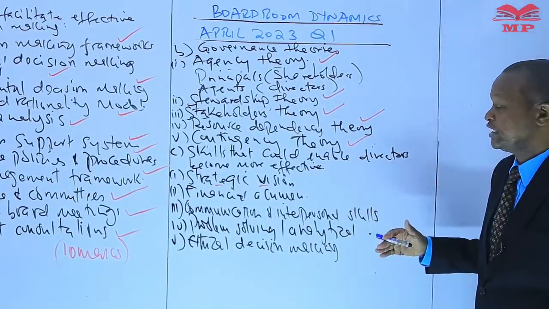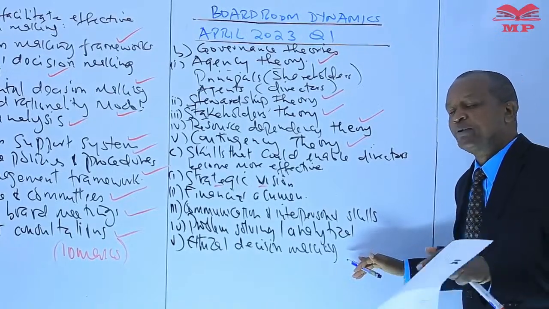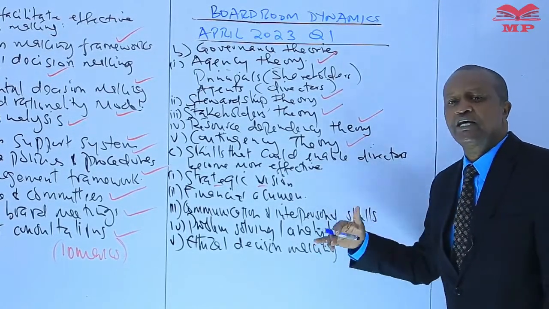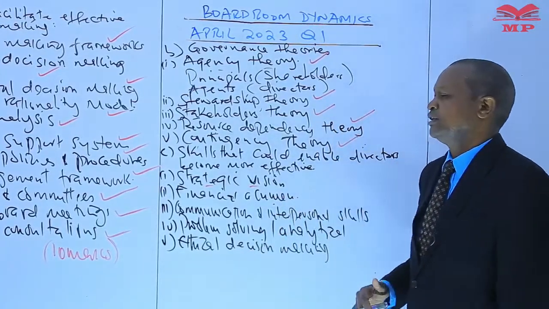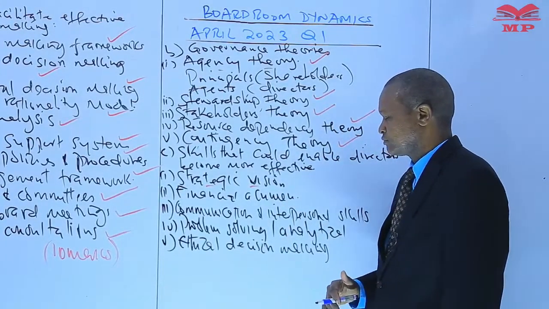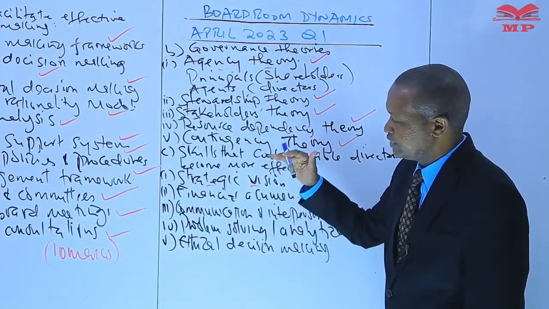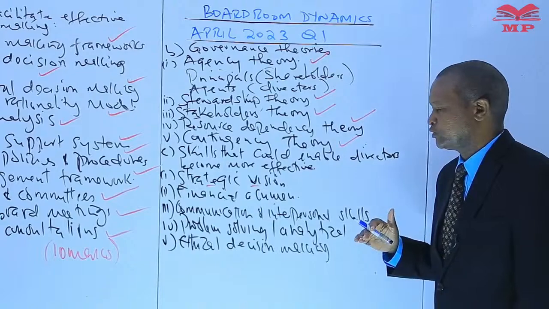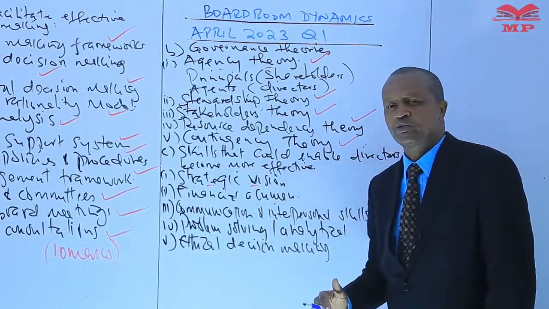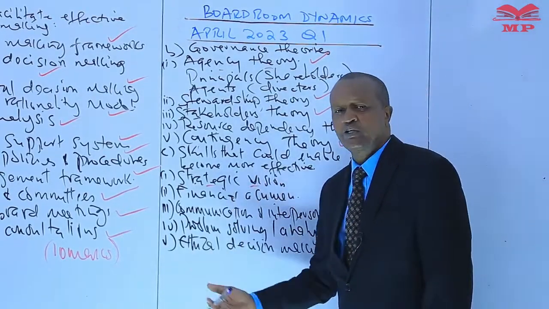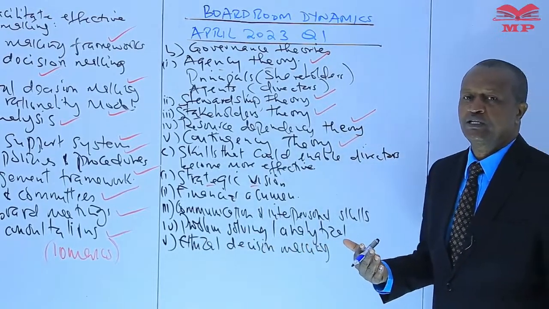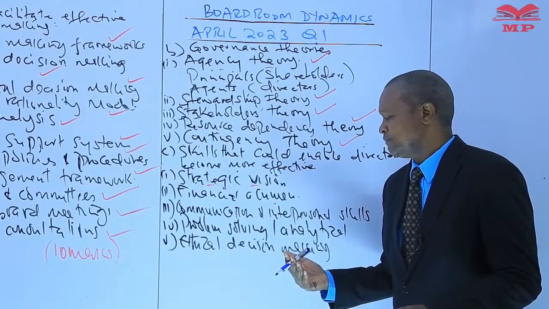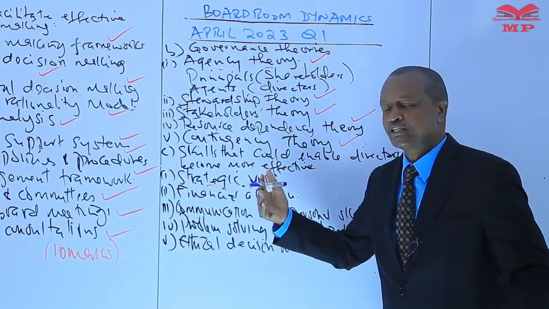So ethical decision making ensures that the company operates with integrity and also maintains a positive reputation. Because we all know by now that a positive reputation is an asset to any organization, an asset to any person who holds ethical, or who has high standards of integrity.